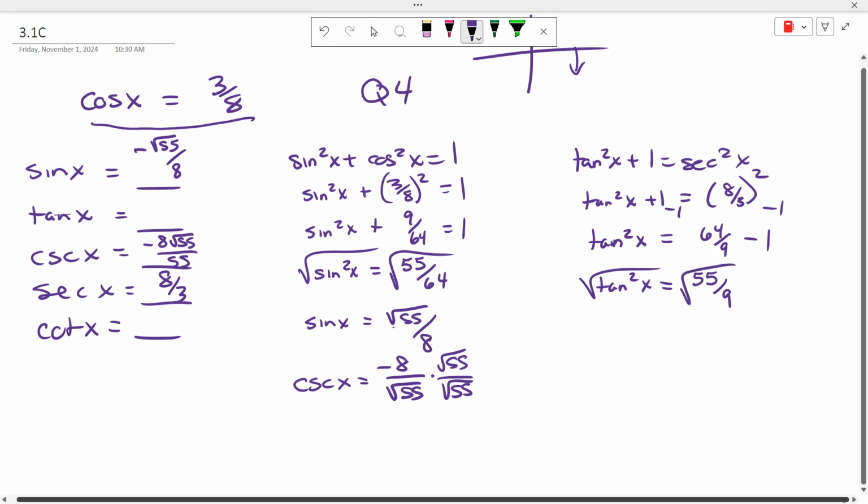Take the square root of each side. Tangent of x equals the square root of 55 over 3. Now in this quadrant 4, it is also negative. So it's negative square root of 55 over 3. The cotangent is the what of the tangent?